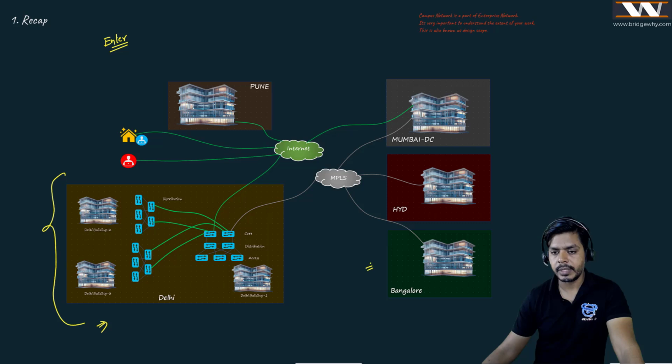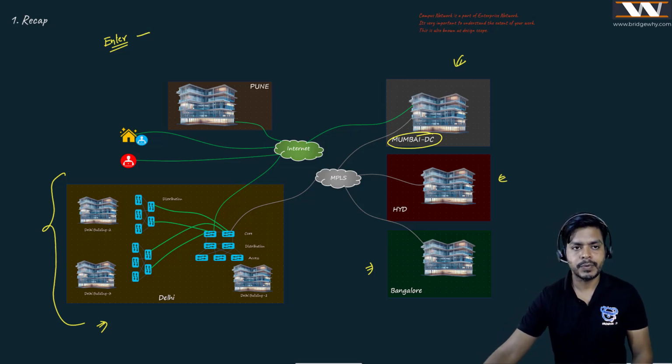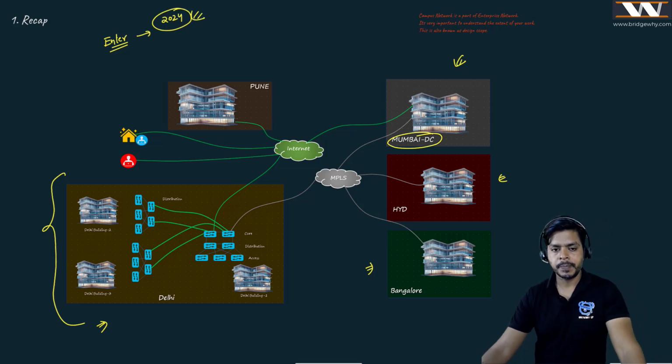You can see Bangalore is right here. You can see Hyderabad is right here. And I have incorporated the Mumbai office as Mumbai data center, because this is the network of Sports India, you can say in 2024, a full-fledged enterprise network.